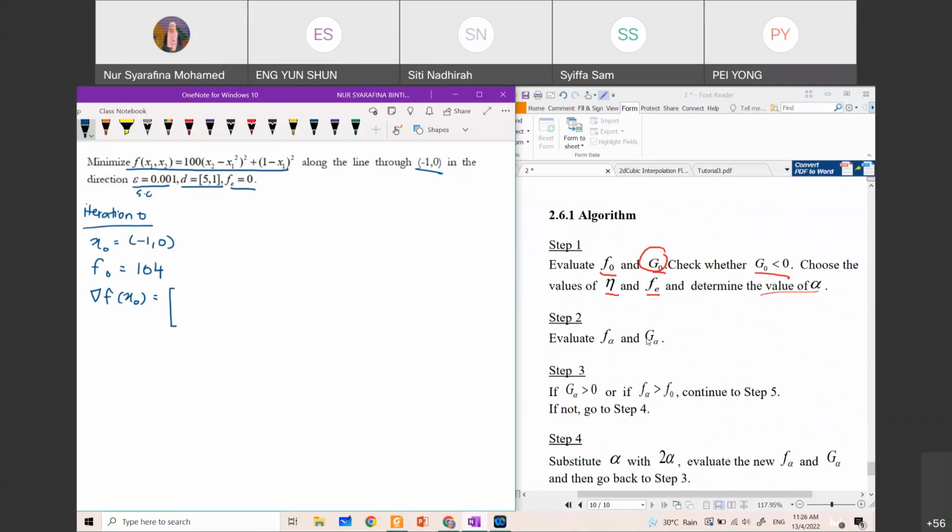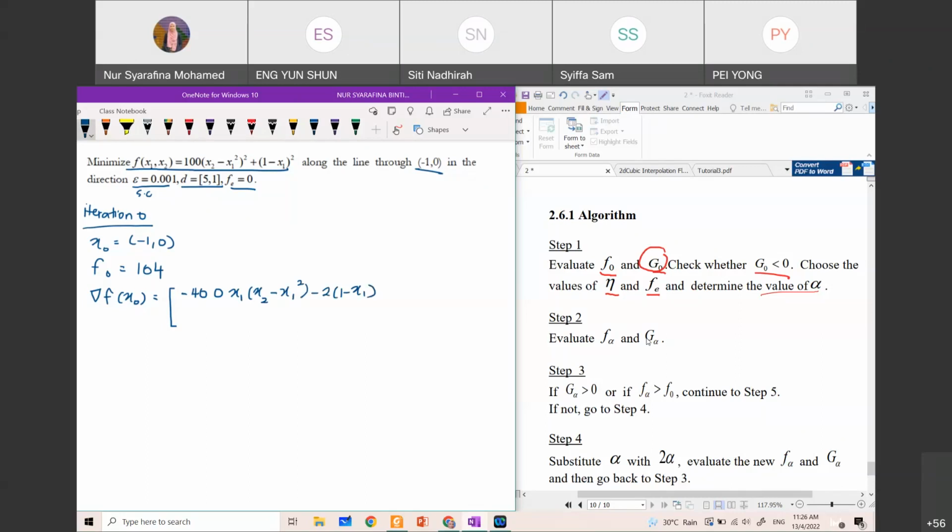So here we have minus 400 x1 times (x2 minus x1 squared), minus 2 times (1 minus x1).